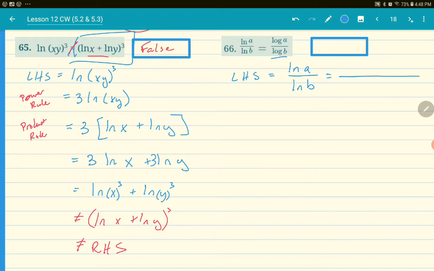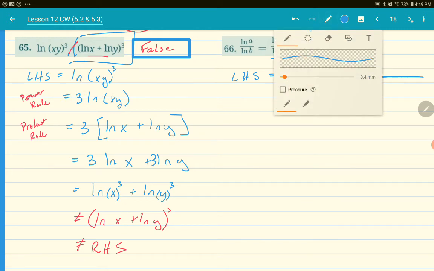So I'm going to write a big giant fraction bar for this fraction bar because each of those, the numerator is going to be a fraction and the denominator is going to be a fraction when I change the base. So when I change the base, I want to change to a common base. Log a over log of b, and the denominator to change to base 10, I get log b.